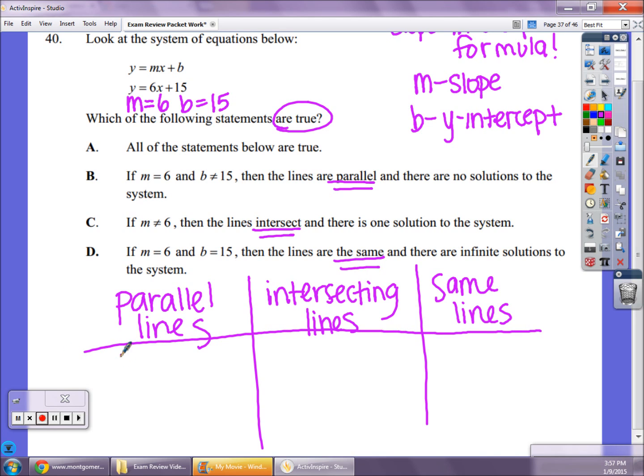Okay, so parallel lines have the same slope but different y-intercepts, or b-values.